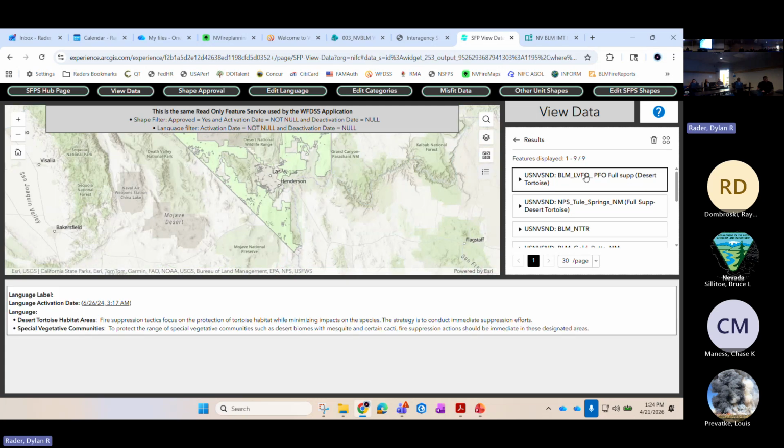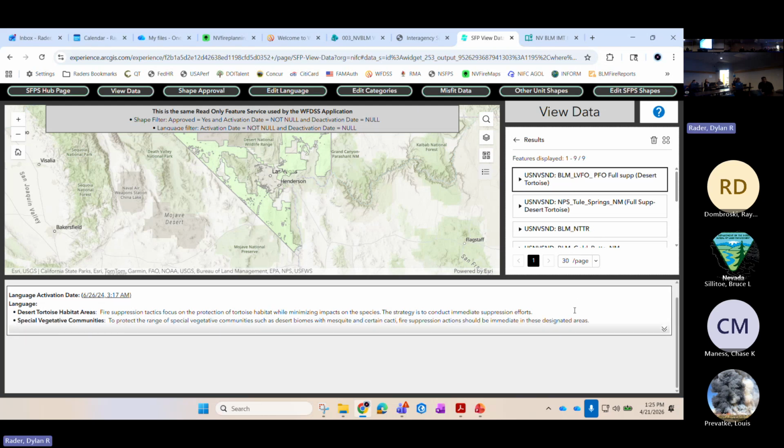That one right there? Is that a CPP? Full SUPP? That just says PFO full suppression. You scroll down, probably more in there, right, Don? Yeah, there's more at the bottom. Originally, there was 16.